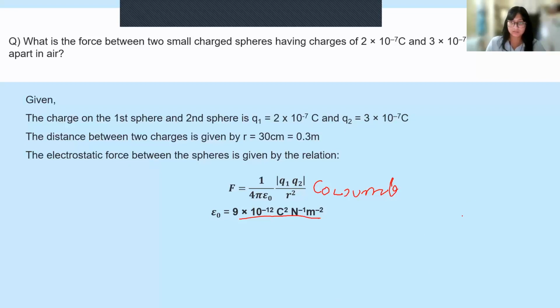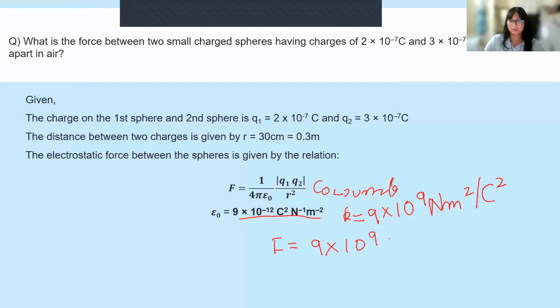We also know that K, if we consider this entire proportionality, we had found that K is equal to 9 into 10 raised to 9 Newton meter square per Coulomb square.